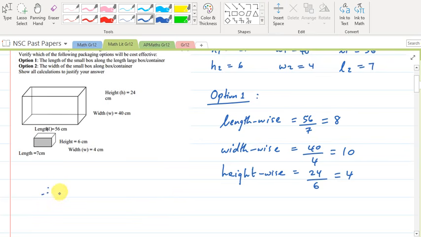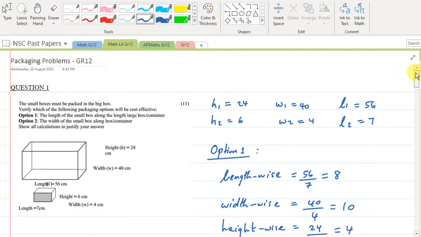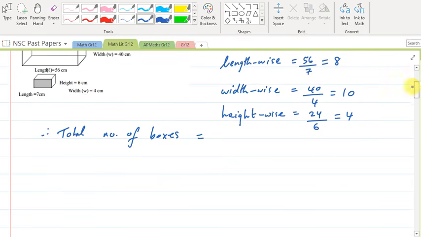Therefore, the total number of small boxes to be filled in the larger one is equal to 8 times 10 times 4.